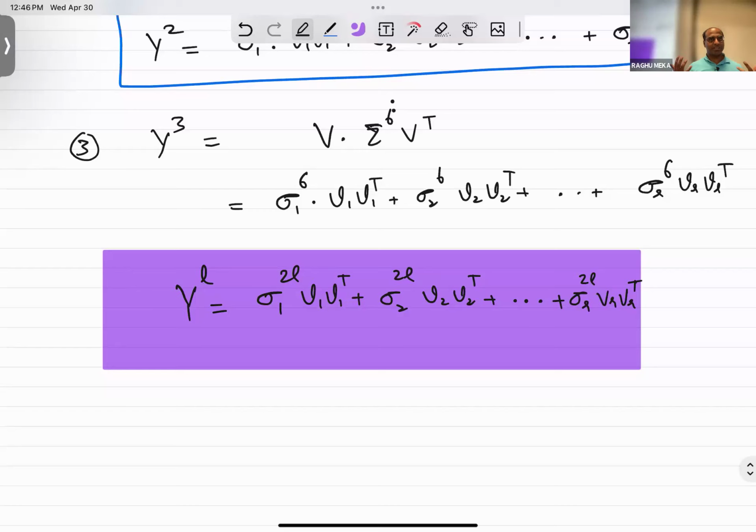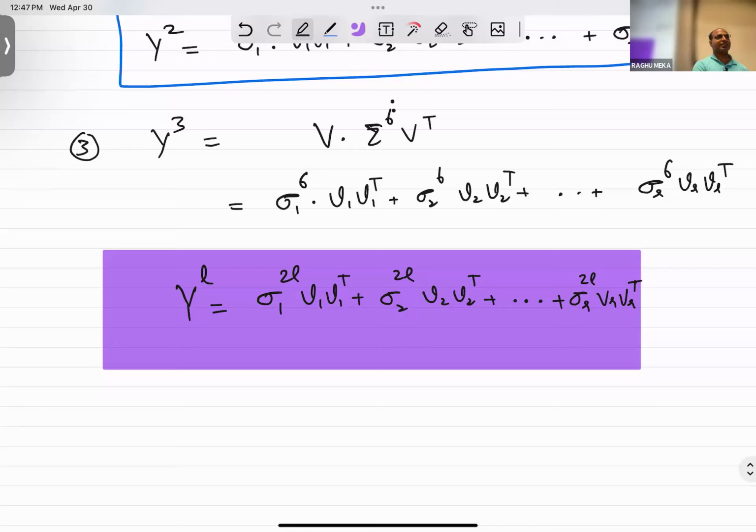But I'm given X, so I can compute y, which is X transpose X. At the very least, I don't know how to compute these vi's, but I can compute y to the power L. But this is some progress towards computing v's.